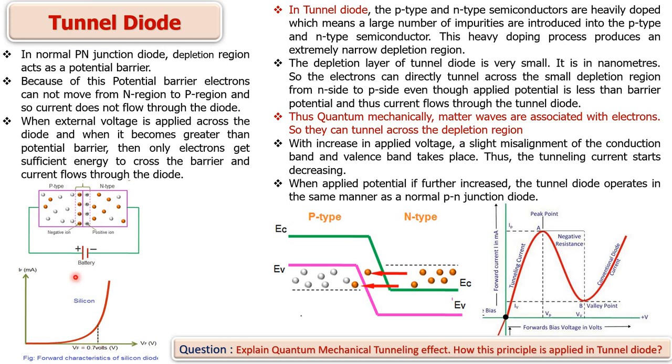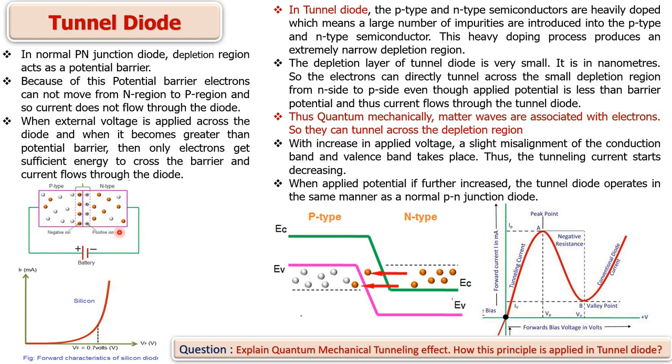But here the applied potential becomes greater than the potential barrier. For silicon it is 0.7 volt. When the applied potential becomes greater than the potential barrier, electrons can overcome it and move towards the P region, and current flows through the diode. From here onwards the potential is greater than the potential barrier and the current increases.